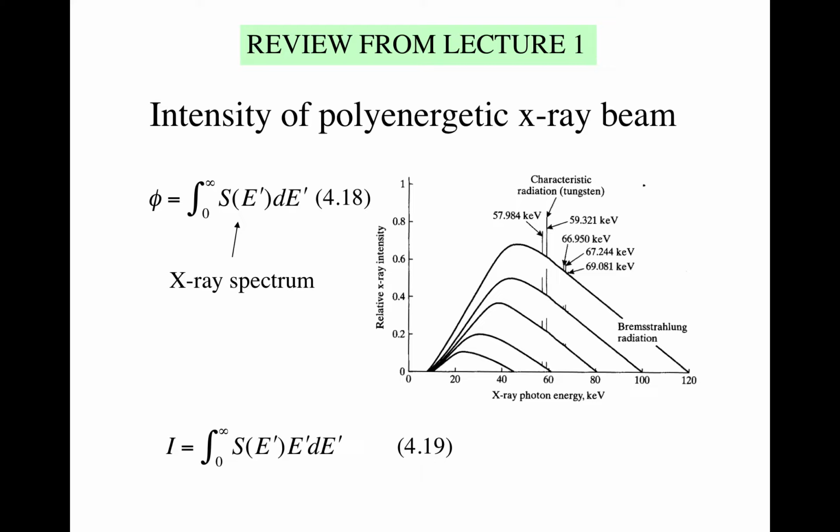So going back to lecture 1 where we looked at X-ray physics, if you recall, the relative X-ray intensity that comes out of an X-ray tube as a function of photon energy looks something like this. This is the relative number versus photon energy. So if I set the voltage between the anode and the cathode in my X-ray tube at 100 kilovolts, right? I accelerate the electrons across the gap, and they hit the anode and produce a splash of X-rays.